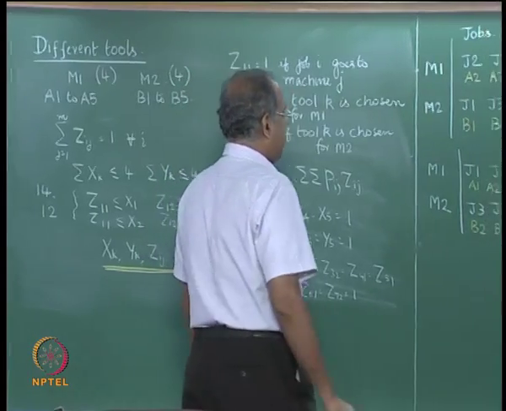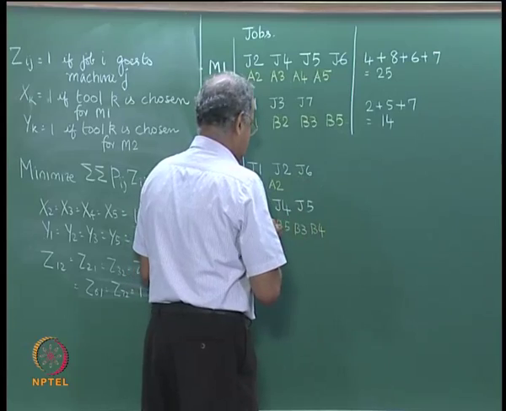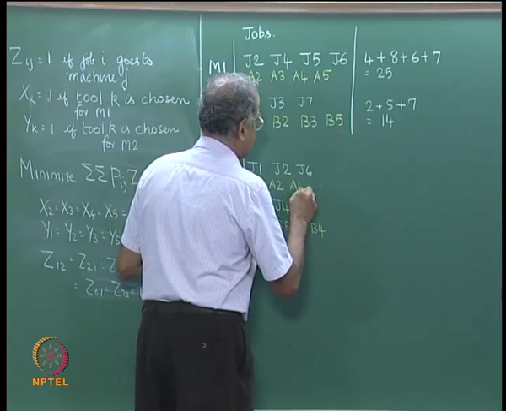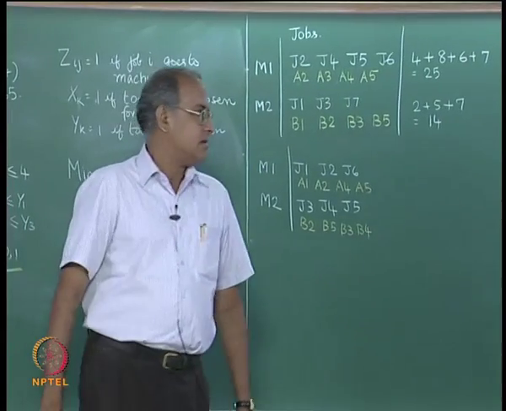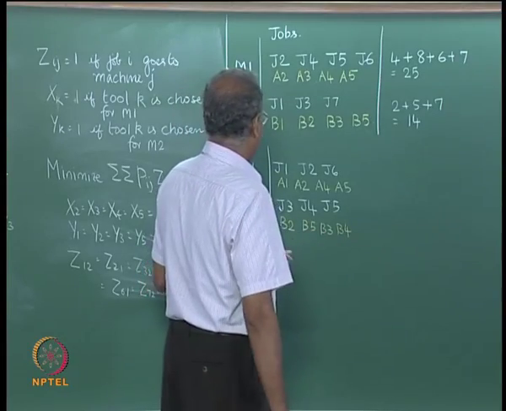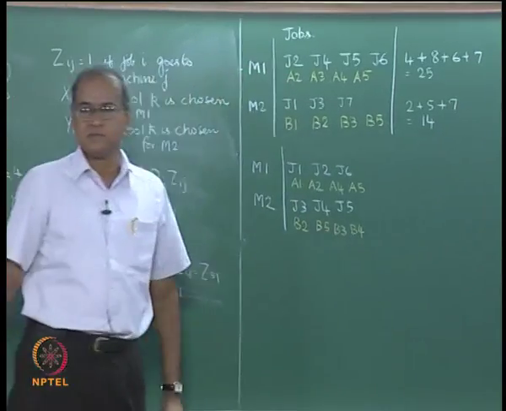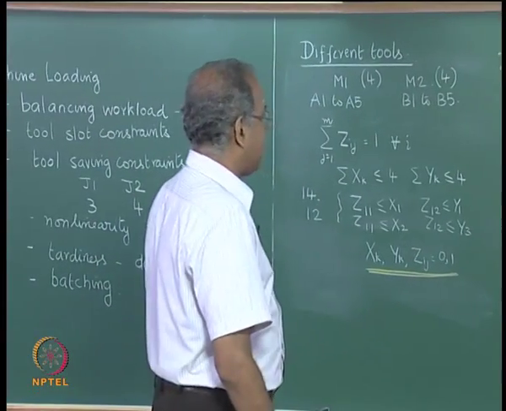J6, A4, A5. So, we could look at J6 and A4, A5. J7 goes to B2, B1, B2 we do not have, but A3, A5 also we do not have, because J7 requires A3 and A5.